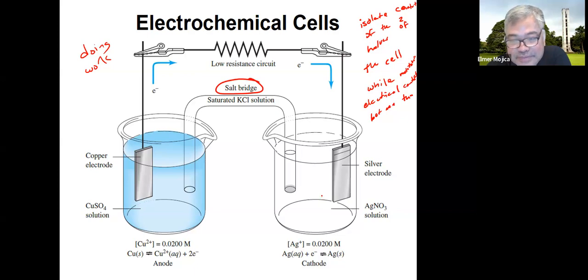Okay. So here, the reason why they have to be isolated is to prevent the direct reaction between the silver ion and the copper electrode. And if you're going to look at this, I can introduce you to this concept of liquid junctions. Are you familiar with this term? So how many liquid junctions do you see here?